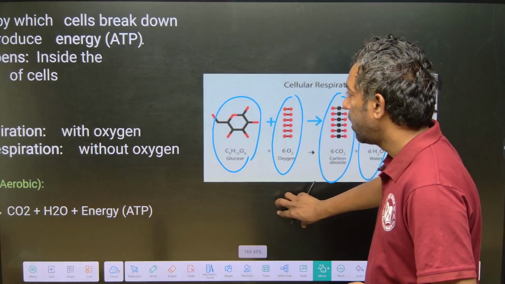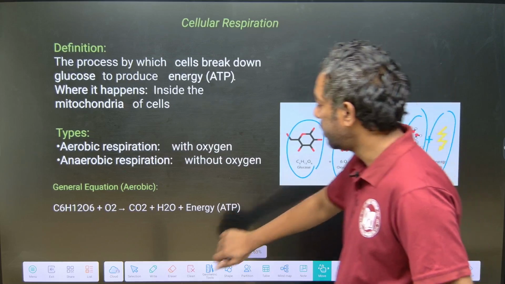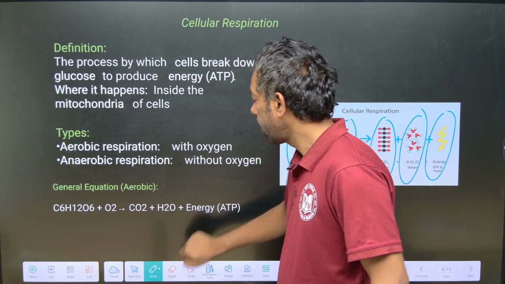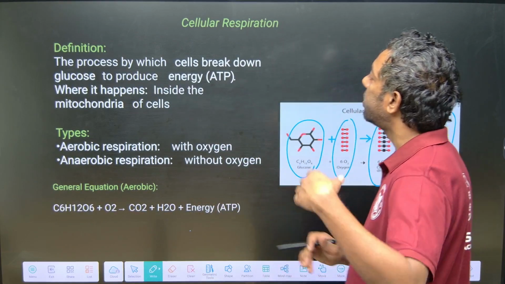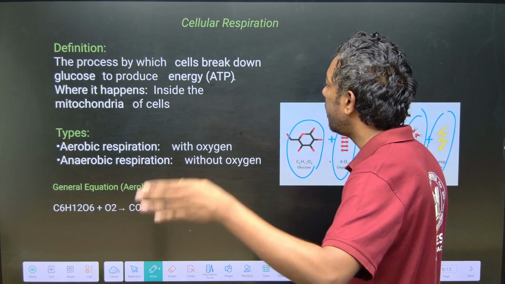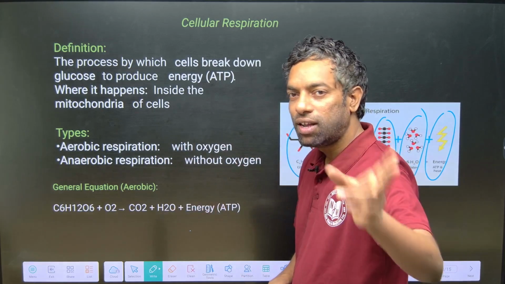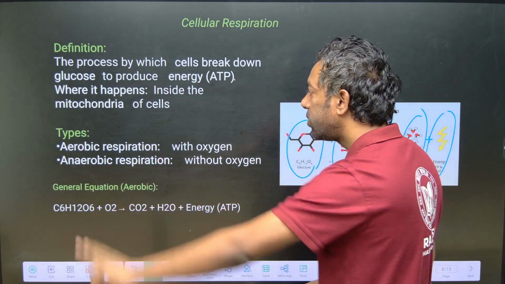The definition of cellular respiration: the process by which cells break down glucose to produce energy, which happens inside the mitochondria of the cell. Mitochondria is the cell organelle where this reaction takes place.